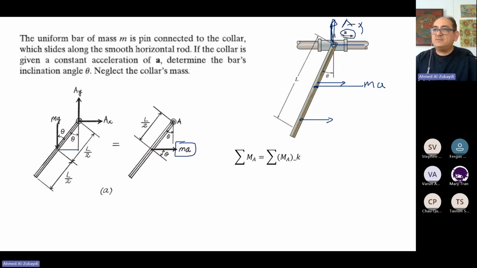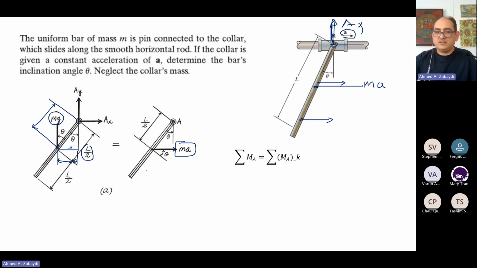In the free body diagram, the moment around point A is equal to mg multiplied by that distance. That distance can be found as L divided by 2. To take this one to here, we need to multiply by the sine of theta.